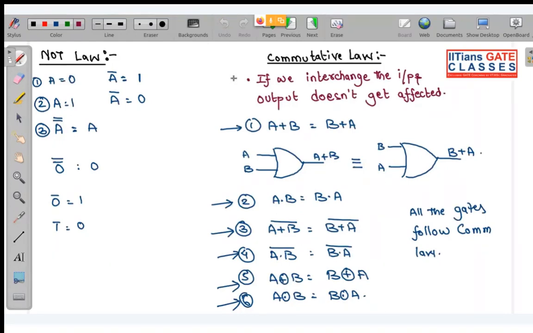Anyone want to say what is associative law? Till the time your friend copies. So it's like if we perform an operation on A plus B and then perform the same operation with C, it will be equal to if we perform the same operation between B and C and then perform the same operation with A.